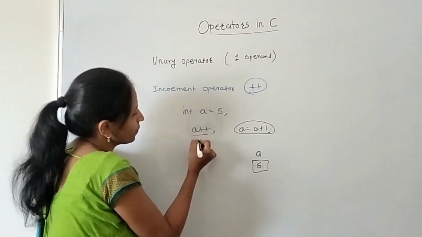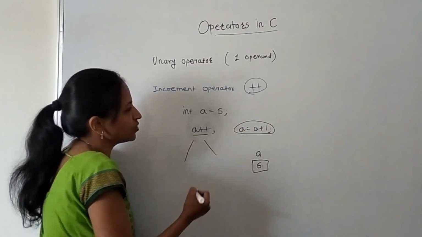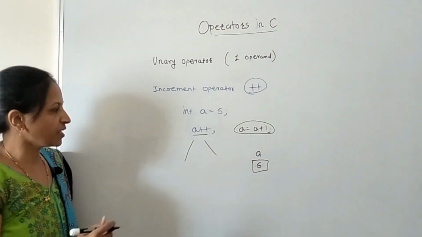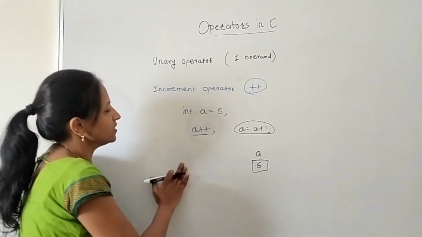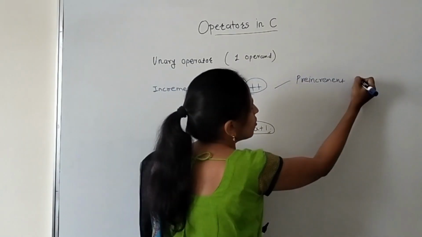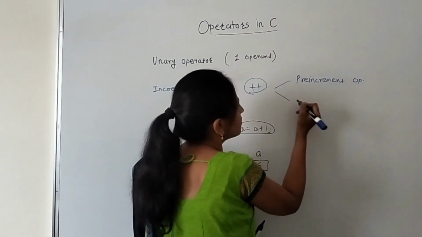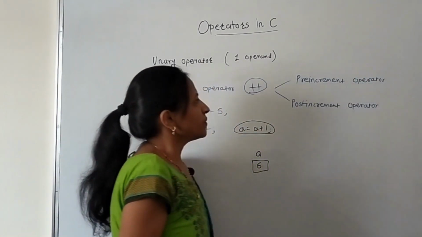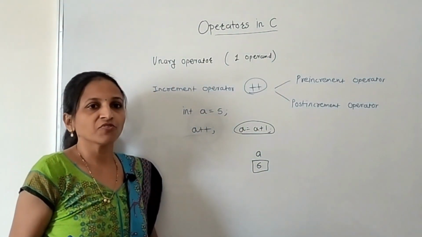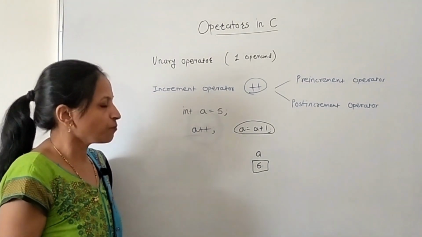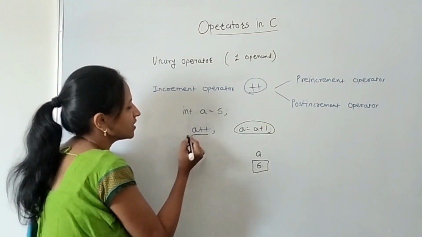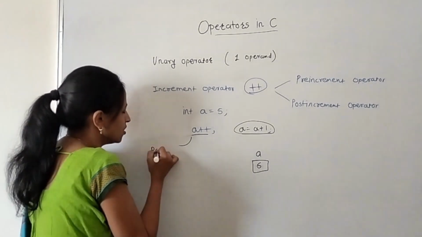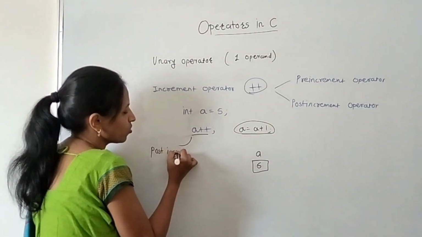Now there are basically two categories of this increment operator. The first is the pre-increment operator and the second is the post-increment operator. What is the meaning of pre-increment and post-increment? Suppose I write a plus plus; this is called the post-increment operator.